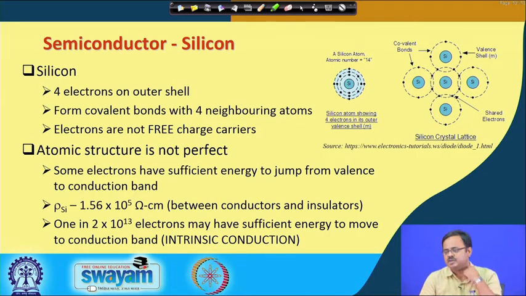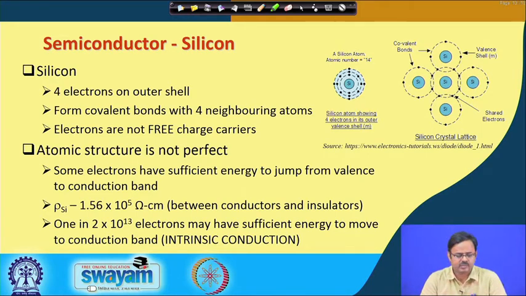Silicon is very, very interesting. Silicon, as you see over here, has atomic number 14. So it has 4 electrons in its outer valence shell, the M shell. What silicon does is form covalent bonds with 4 of its neighboring atoms, where it shares 1 electron each with a neighboring atom, and therefore forms a structure which I am showing here on the top right corner.